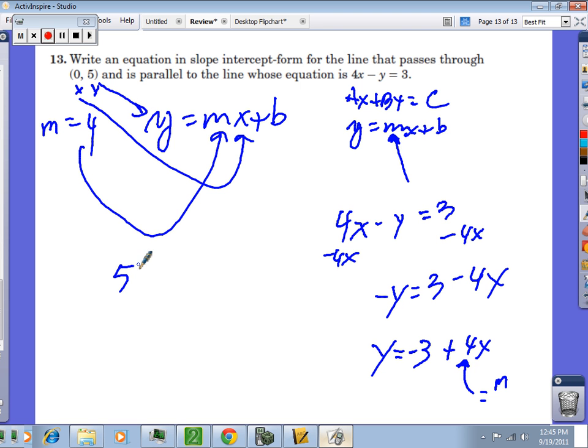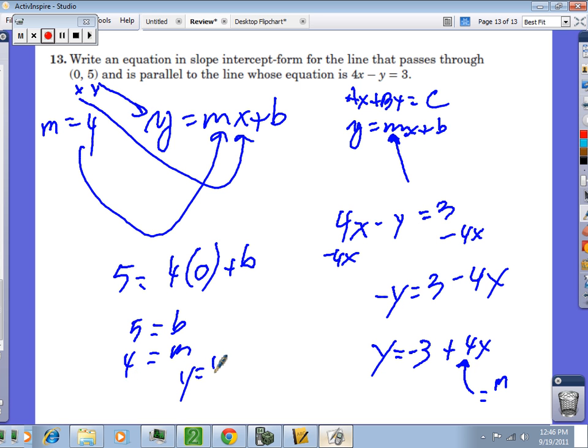So you're going to have 5 equals 4 times 0 plus b. So you're going to have b equals 5. And now you're done. B is 5, m is 4. Your equation is y equals 4x plus 5.